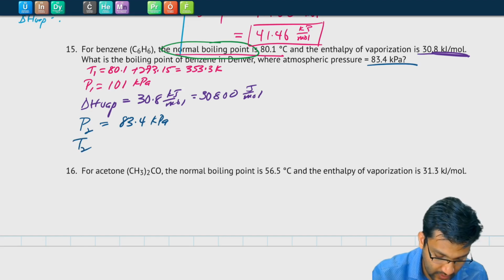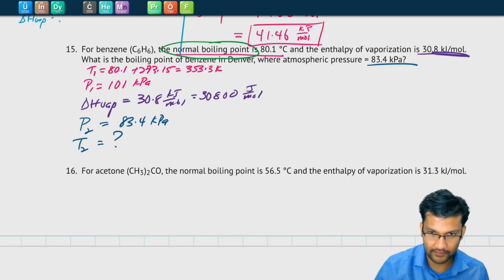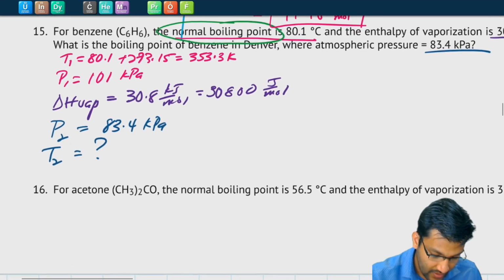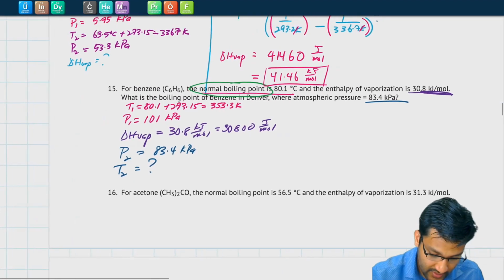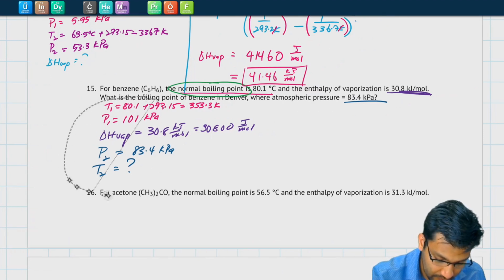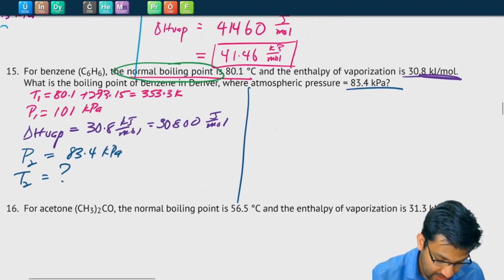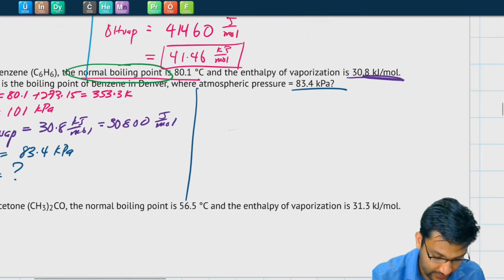They want us to figure out what's the temperature at that vapor pressure. So here we're going to use, why do I always have to end up creating more space? Actually, I maybe have enough space. Let's see. Okay, so let's set up our equation, and now we need to solve for T2.